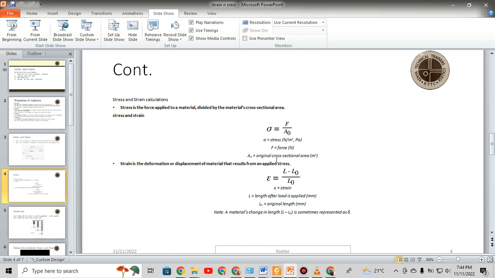The unit for force is Newton, and for area, it is meters squared or centimeters squared. Strain is equal to the change in length, final length minus original length, over the original length. That is strain. Okay.